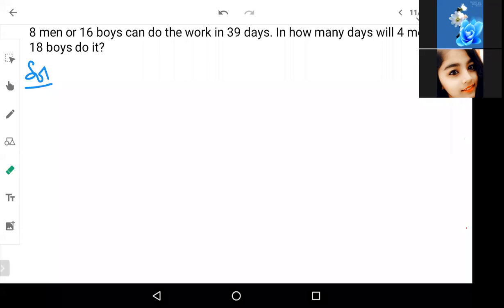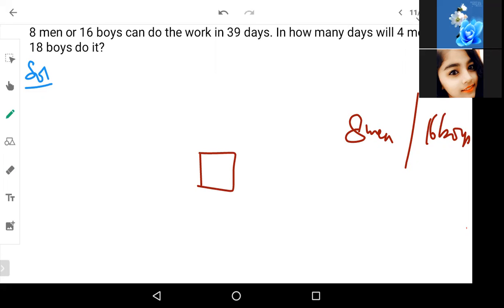Yes. Let us start. Now the next problem: 8 men or 16 boys can do the work in 39 days. In how many days will 4 men and 18 boys do the work? Firstly, they have given us 8 men or 16 boys. Read the question carefully. It is 8 men or 16 boys. Which means if there is a piece of work, if 8 men do the work, they will take 39 days.